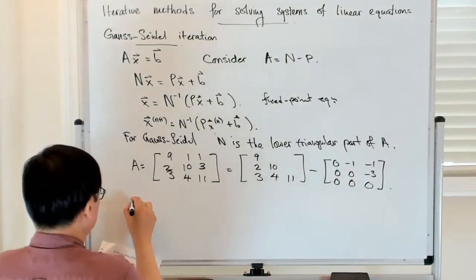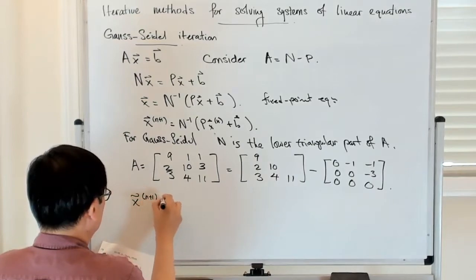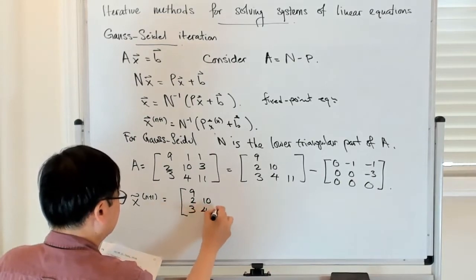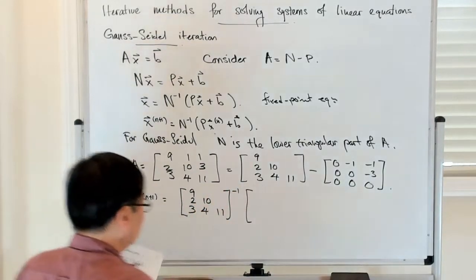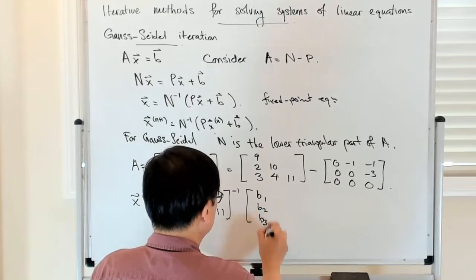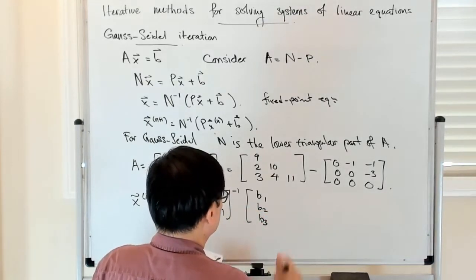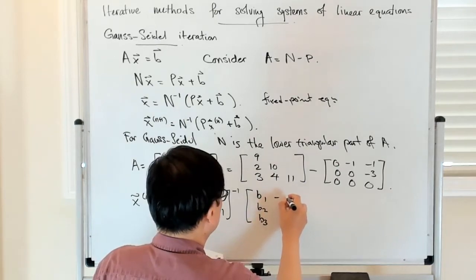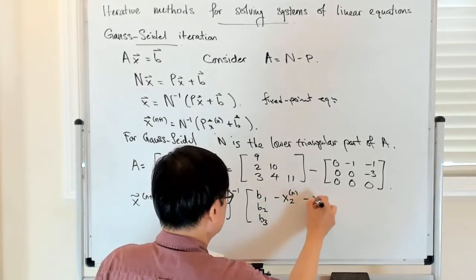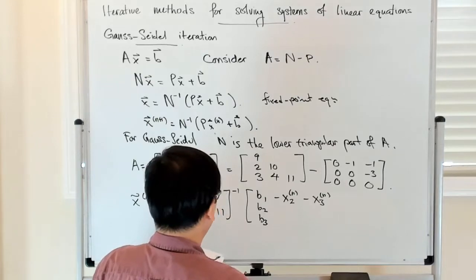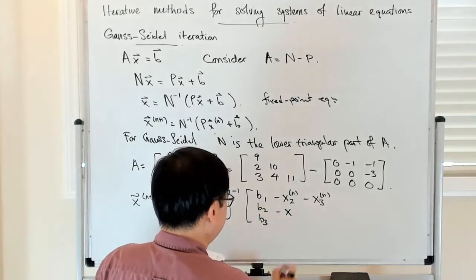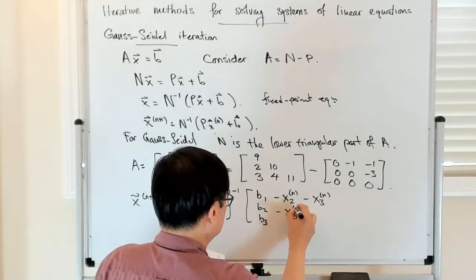So the fixed point iteration is that x_{n+1} is equal to that lower triangular matrix inverse applied to b1, b2, b3 minus x2_n minus x3_n, and then minus x3_n here.